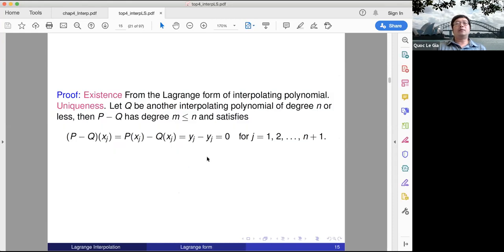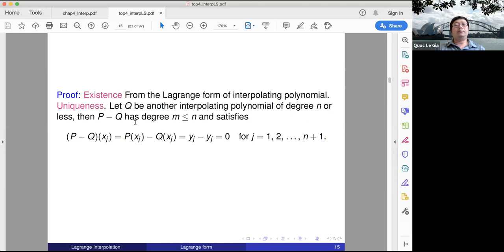So now I use this to prove uniqueness. Existence: using the Lagrange form, you see that there exists a polynomial that interpolates the data. But now I want to show that that polynomial is unique. So now suppose I have another polynomial q of degree n or less. Now I take p minus q. I want to show that p minus q has to be the zero polynomial.